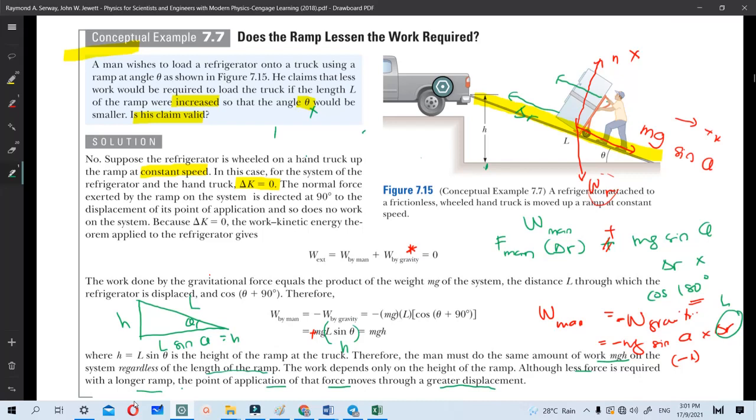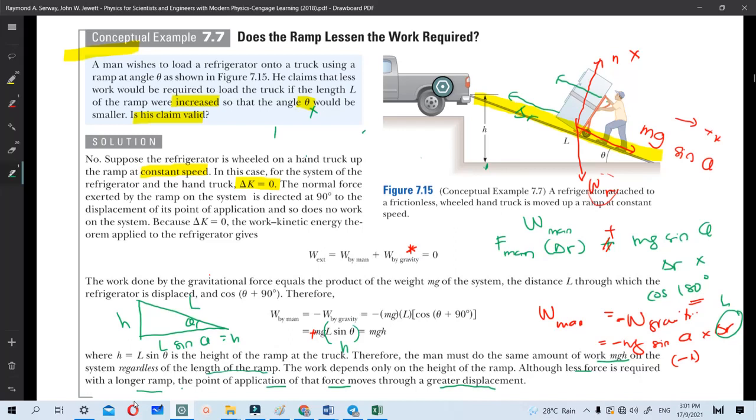Meaning, even though the force will be a little smaller, the amount of work is the same. However, less force is required with a longer ramp. Only the distance traveled, delta R, would be larger. So to him, he feels like, oh, it's easy.